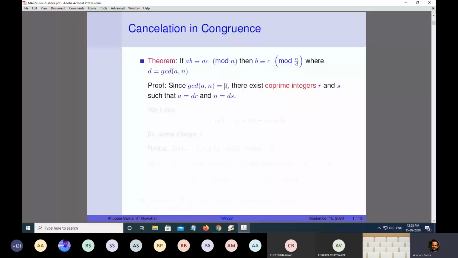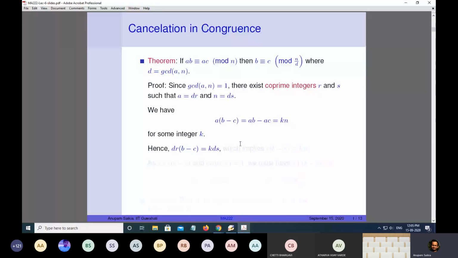Now let's see what we can do with this. Now we have this given congruence, which you can write like this: ab minus ac is some multiple of n, and in this I can take a as a common factor. Now we are going to replace a by dr and n by ds.